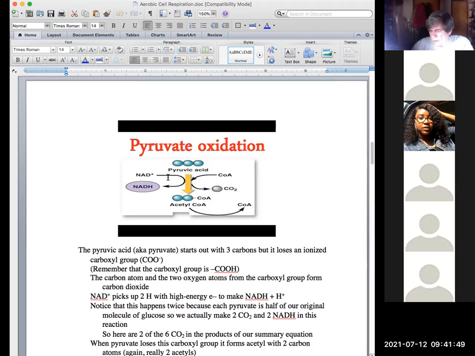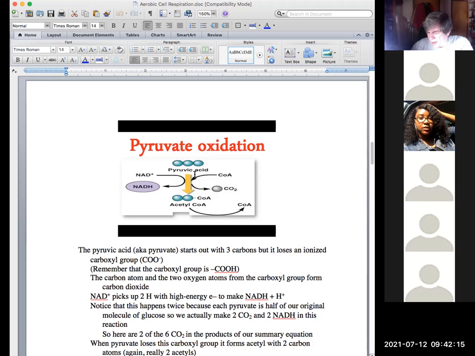So pyruvic acid is going to react with that NAD plus again. This NAD plus is going to turn out to be very important. We'll come back to it later. So this NAD plus picks up a hydrogen, and there's also a hydrogen with a positive charge that tags around.